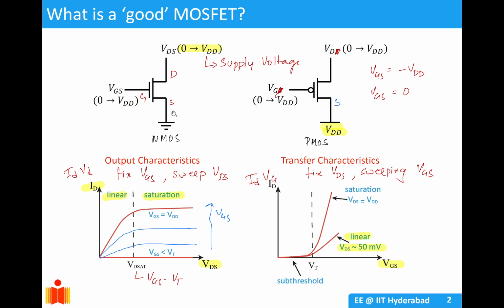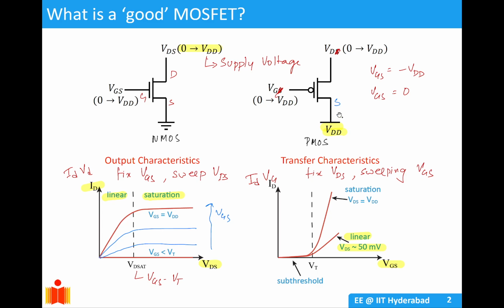In this case, our source is grounded, so the voltage at source is zero. So when my gate is at VDD voltage, that is VG is VDD, then my VGS is VG minus VS, which is VDD minus 0, which is equal to VDD. So in this case, my VGS is equal to VG and my VDS is also equal to VD.